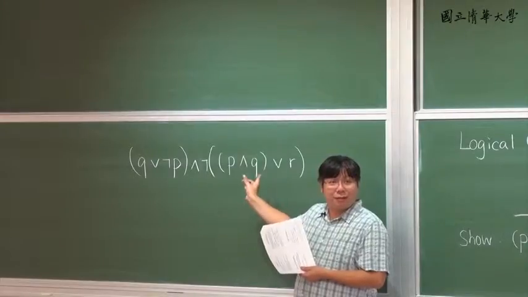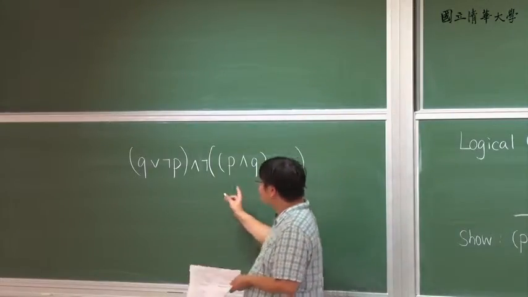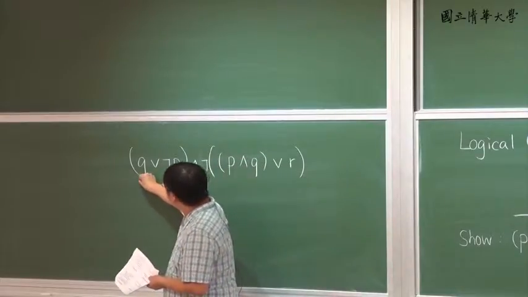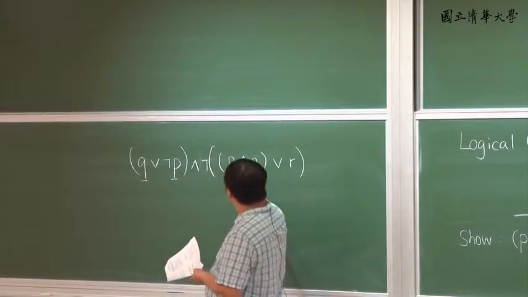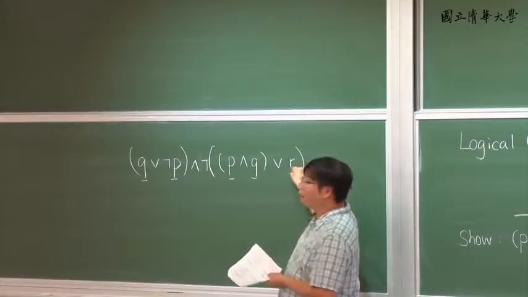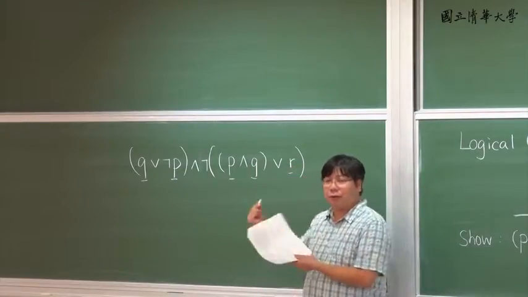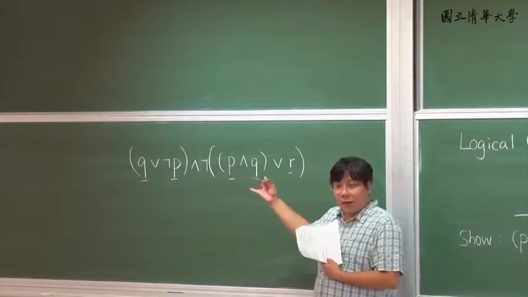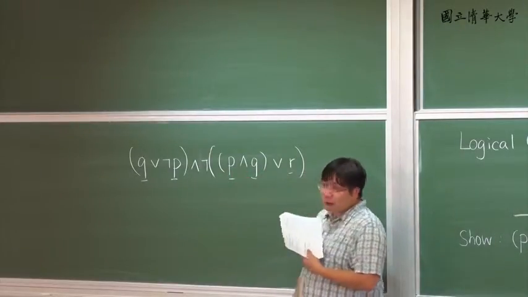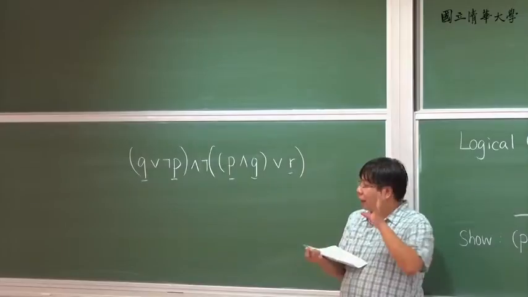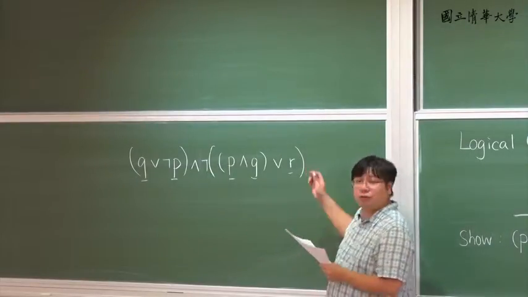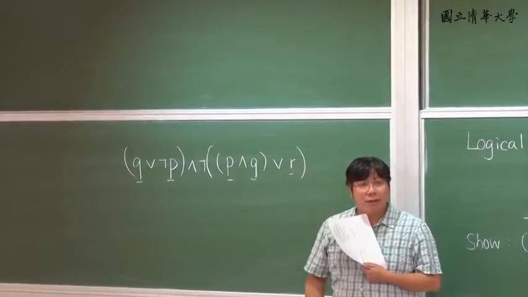The truth value of this proposition depends on the truth values of P, Q, R. If we know P is true, Q is false, R is false, then there is a value for this one. So when P, Q, R are known, I know the truth value of this proposition.